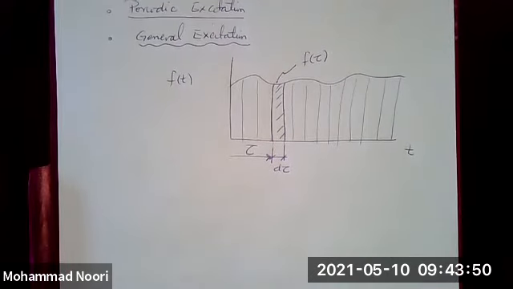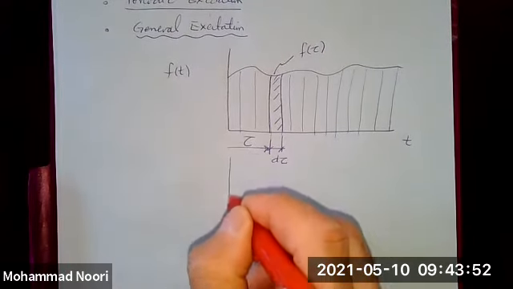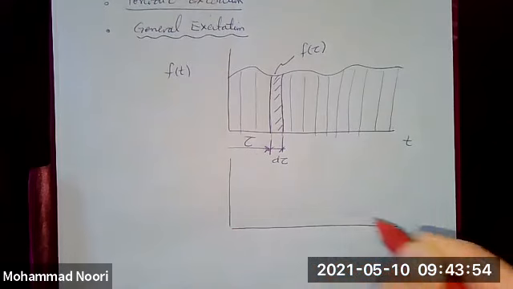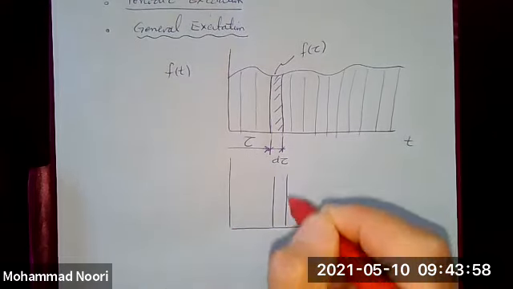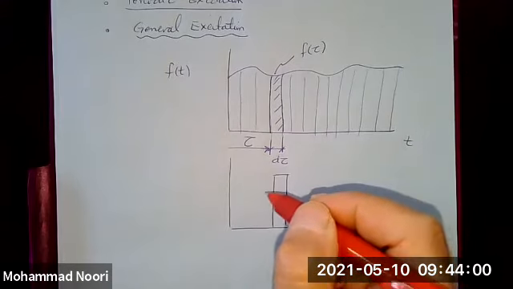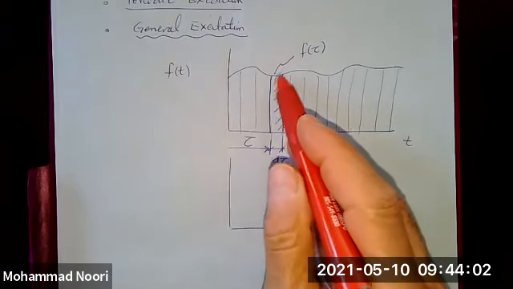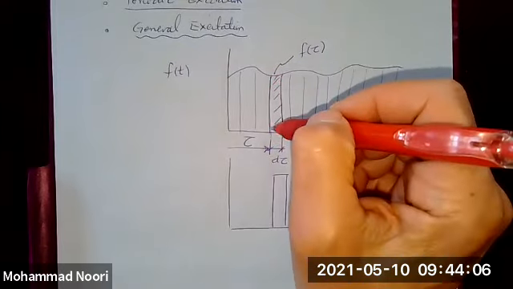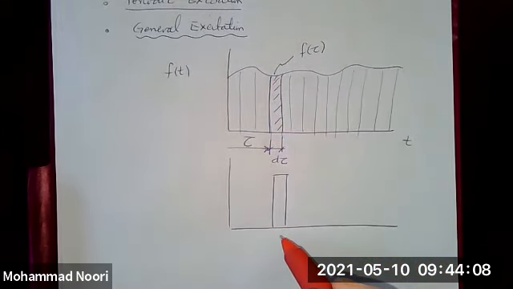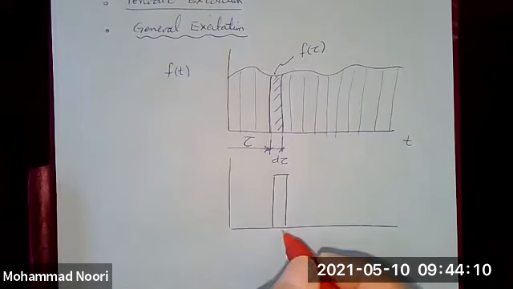Now let's look at this problem. Let's assume that we are only going to consider the action of one of these forces, the force at any arbitrary time, that is acting on a system for a very short duration of d tau.